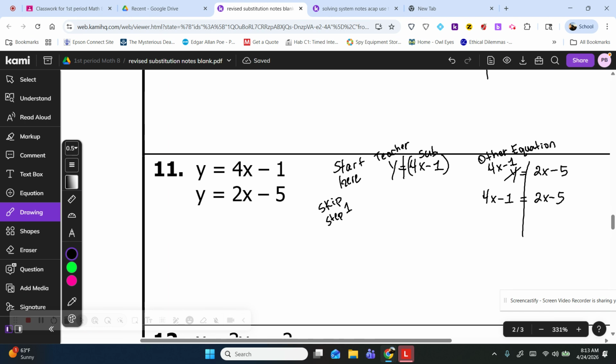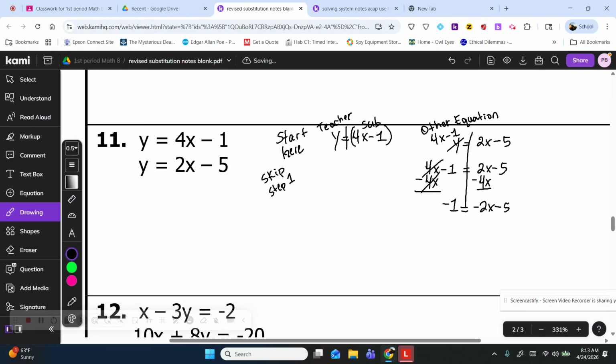You cannot combine like terms because they're not on the same side. So to get rid of the 4x, I'm going to just put negative 4x on both sides. Negative 2x minus 5. Now you are at a 2-step equation. Yeah. So plus 5 on both sides. Yep.